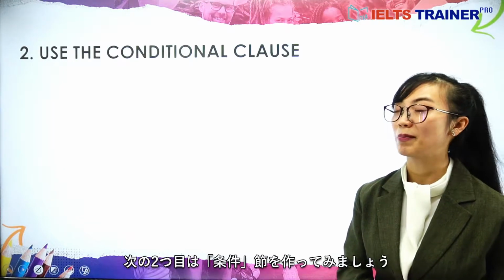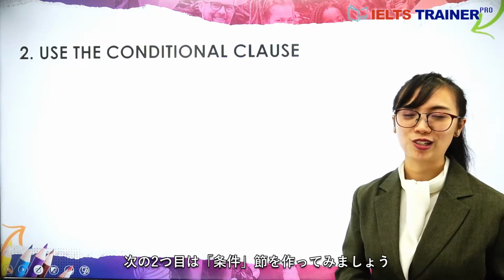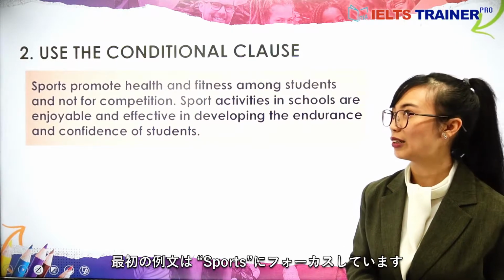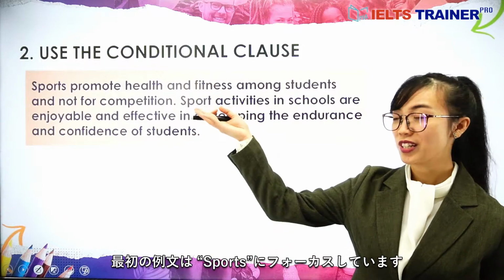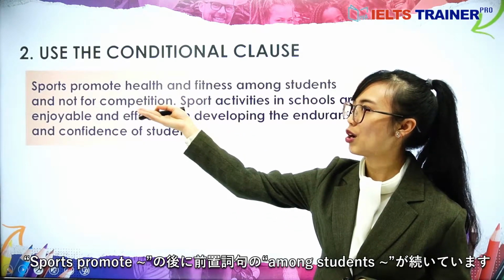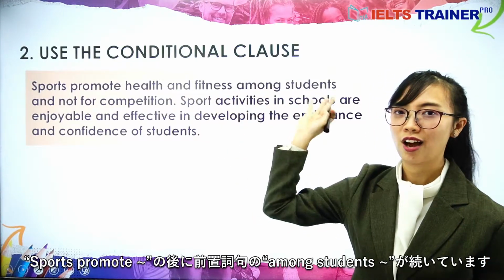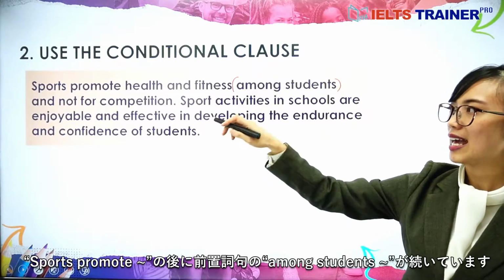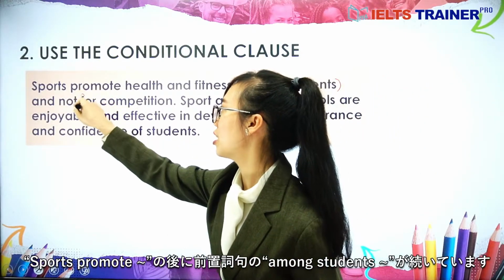For the next type, let's use the conditional clause. So for the first sample, we can see the first sentence focuses on sports and that it promotes health and fitness, followed by prepositional phrases among students and not for competition.